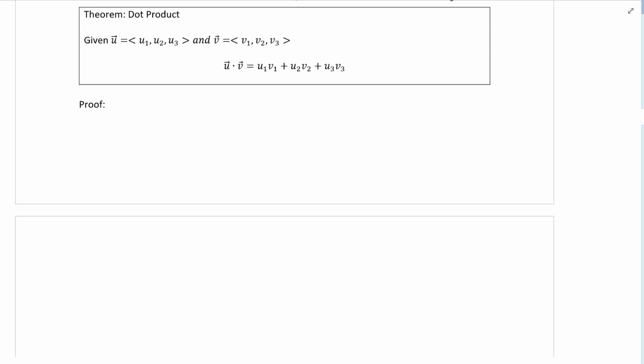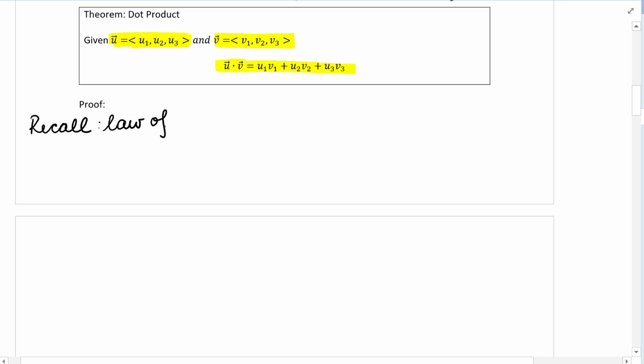Let's look at the dot product theorem. Given the vector u in component form u1, u2, u3, and v as v1, v2, v3, the dot product of u and v is u1 v1 plus u2 v2 plus u3 v3. In order to prove that, let's recall the law of cosines.